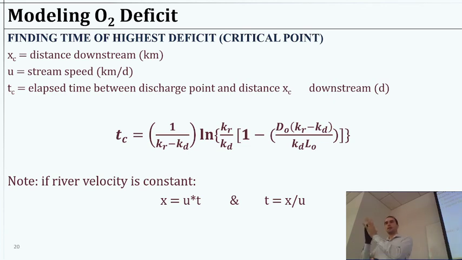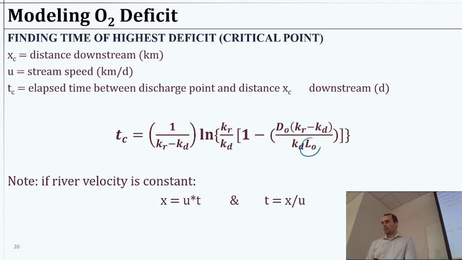When they meet and mix, you probably then have to solve for your initial deficit. Maybe the wastewater treatment plant's been aerating like crazy, and so when they discharge their water, there's no deficit, even though there's a lot of BOD. But the river has a small amount of deficit, so then you have to average the two, combine the two to get your initial deficit for your new river that's the combined streams.